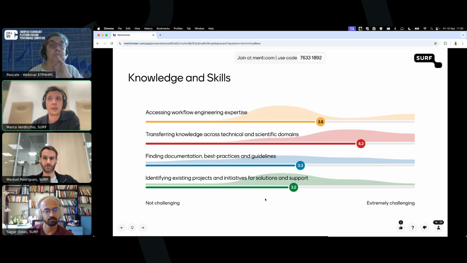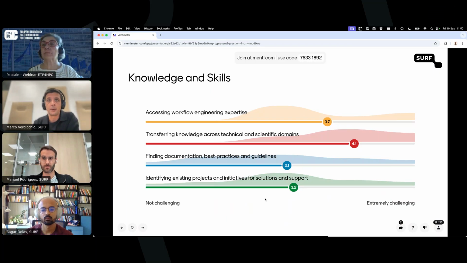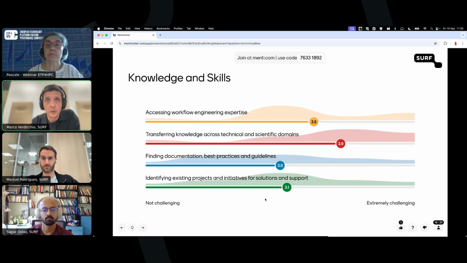Then finding documentation, best practices, guidelines, and the last one, what's your experience in finding initiatives, other projects, centralized documentation around workflow, that has been easier or more challenging than you would expect, more of a centralized support?